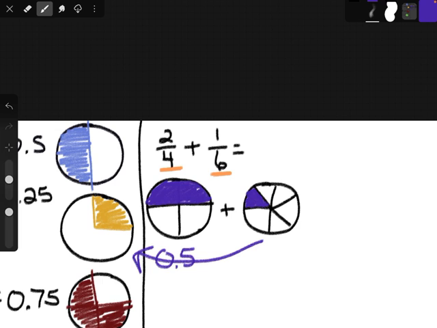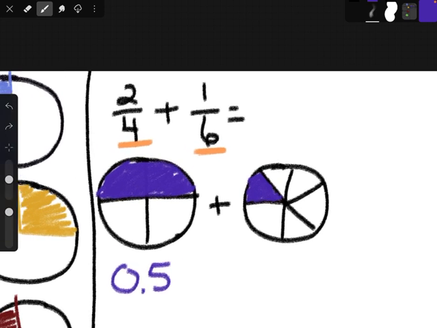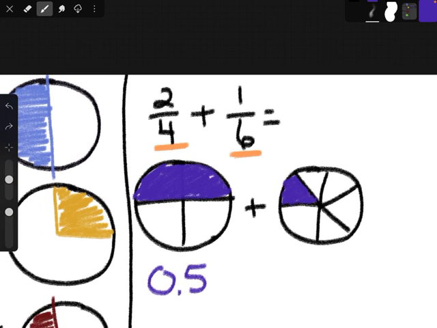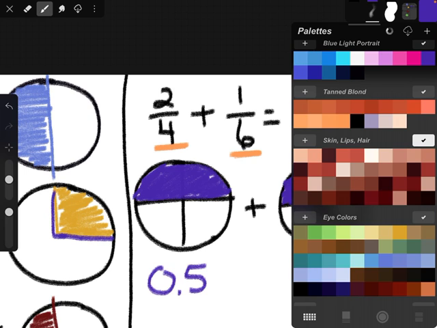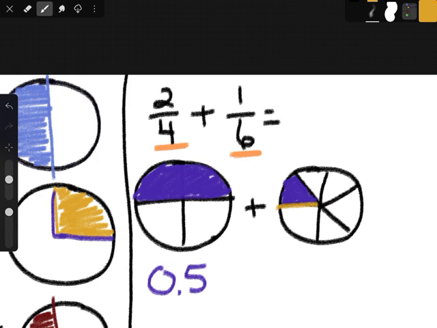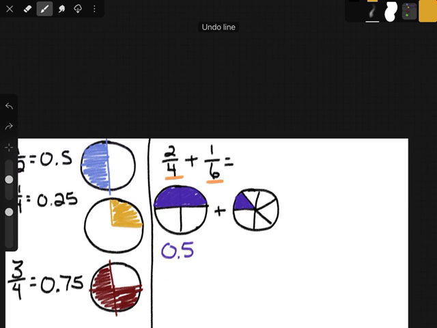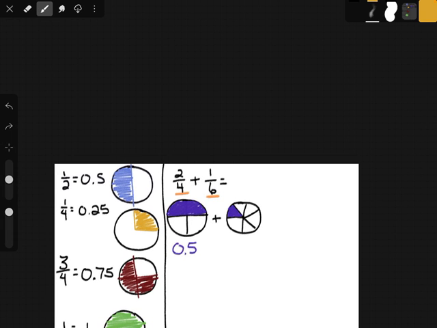Maybe it's kind of hard to tell. Or maybe you could tell that this one is bigger than this one. So maybe you're just like, I think 0.25 is still bigger than the pie that represents 1/6.